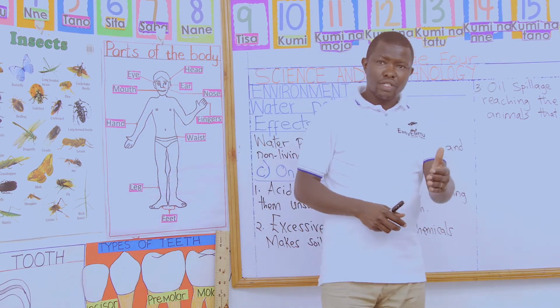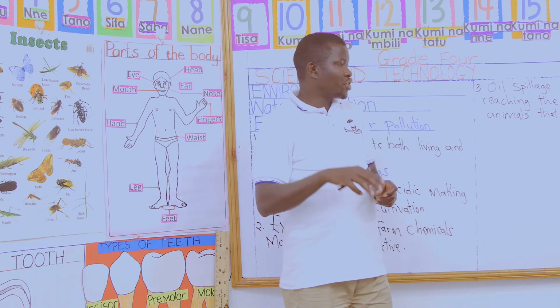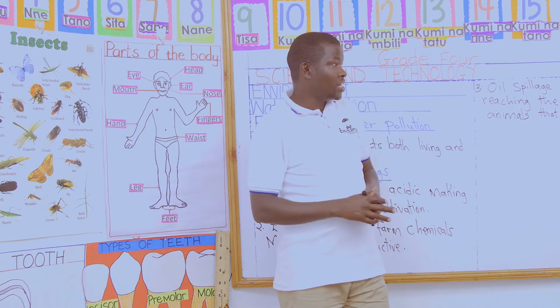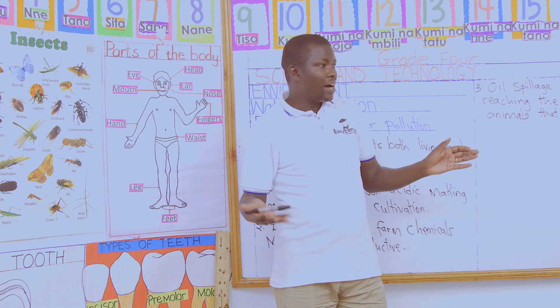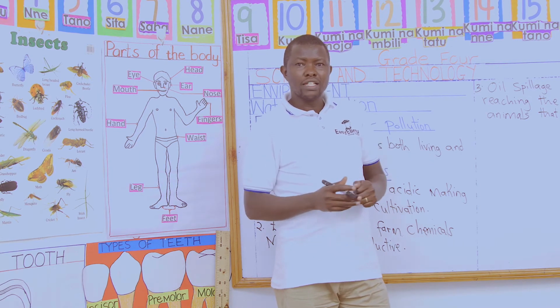Then from John, oil spillage blocks air from reaching the soil. From our picture, we had seen oil spillage that affected the soil and that affected the plant.